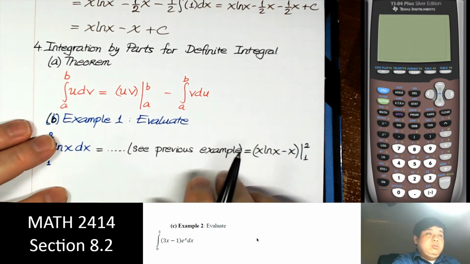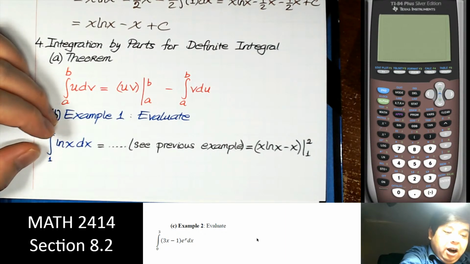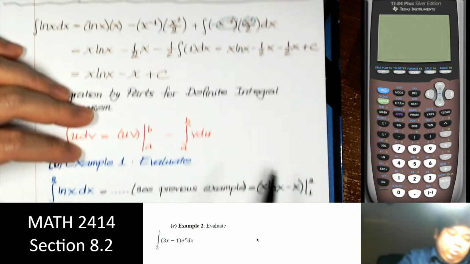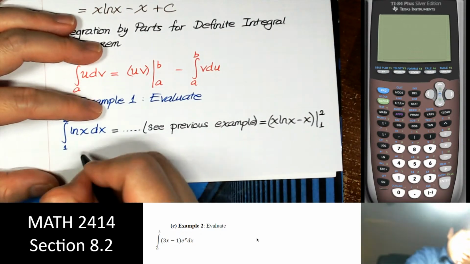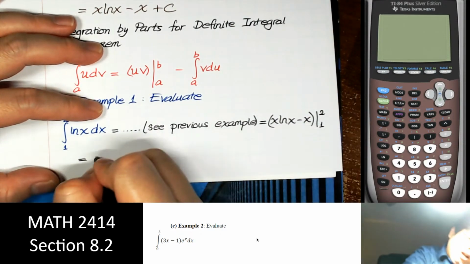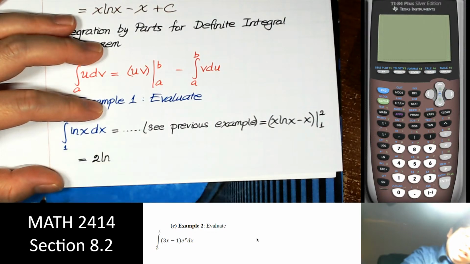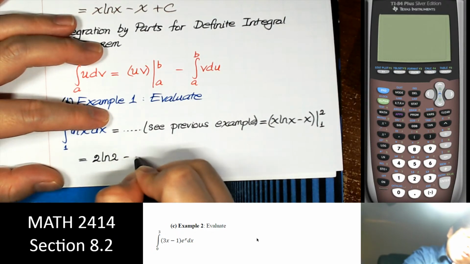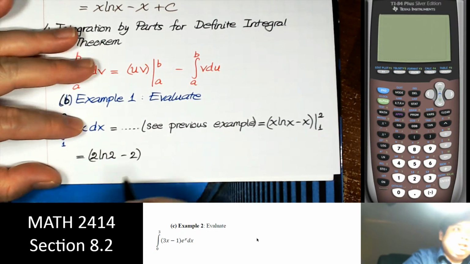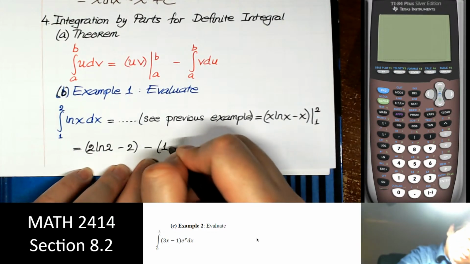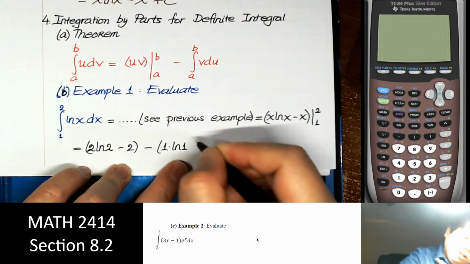So that's the difference between definite and indefinite integral. Instead of a constant c, we have the limits. Put 2 in for x: 2 ln of 2 minus 2, minus 1 ln of 1 minus 1.